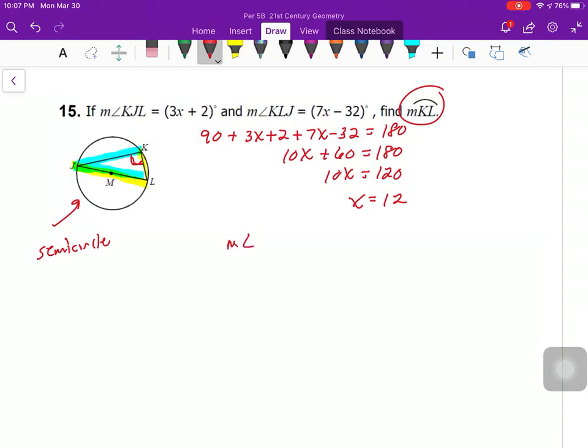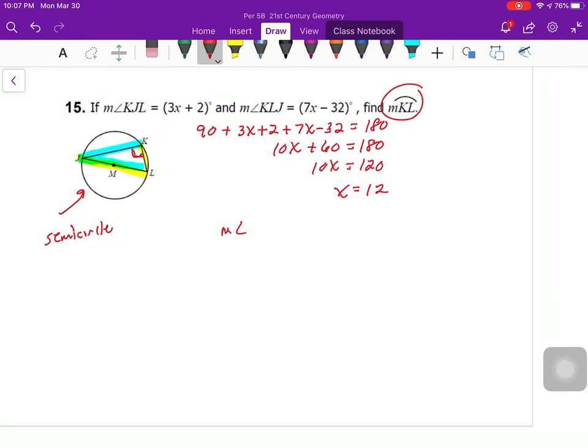I'm asked to find the measure of arc KL. To find the measure of arc KL, I'm going to first find the measure of angle KJL. So it'll be 3 times 12 plus 2.